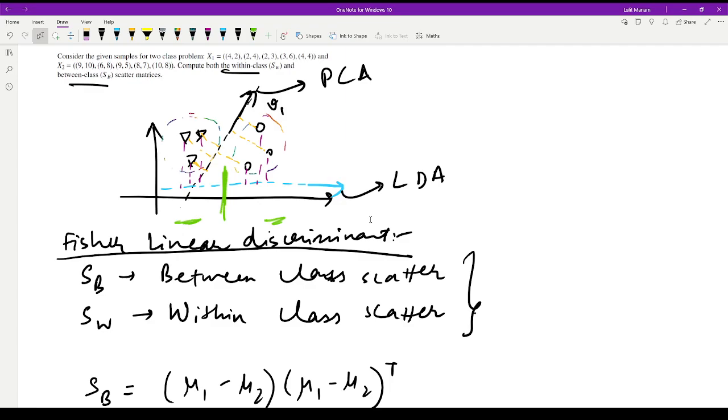Yes, if classes are not linearly separable, of course you cannot use it. That's fine, but anything more? The LDA direction that we get is a linear space. It's a one-dimensional space. So that's why we are doing linear discriminant analysis.